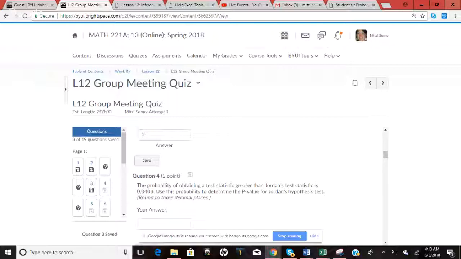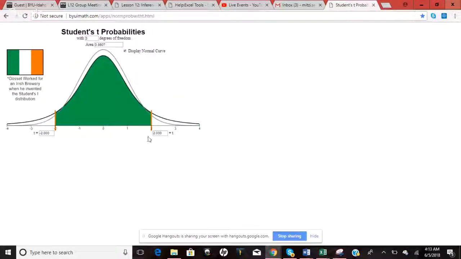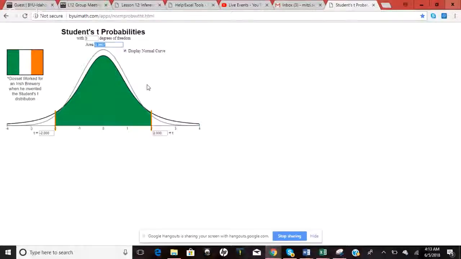Okay, so p-value, it says here, is calculated by finding an area under the normal distribution curve that is more extreme than the z-score. So I guess in this case it would be the t-score, right? So our p-value would be this, right? 0.8607. Maybe? I don't know.